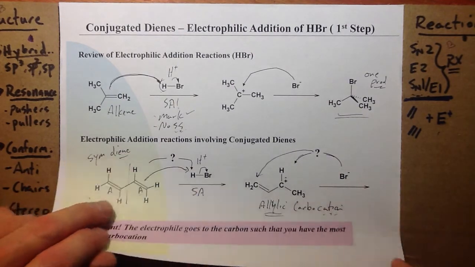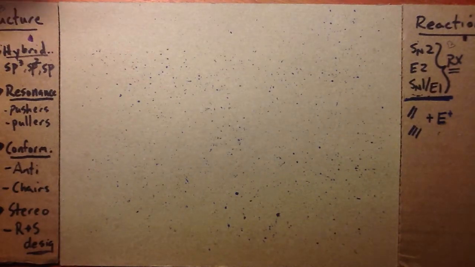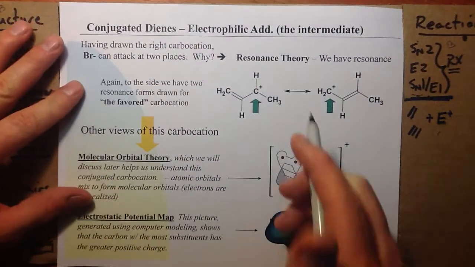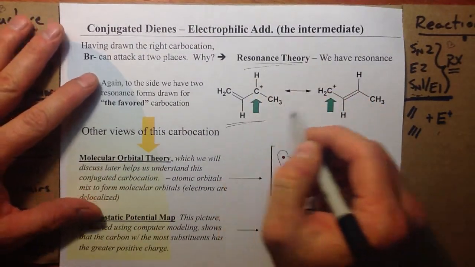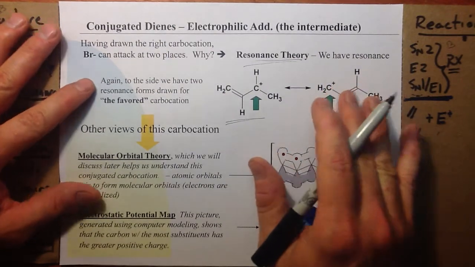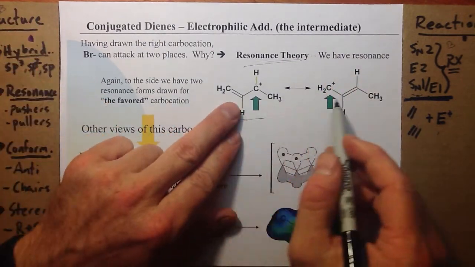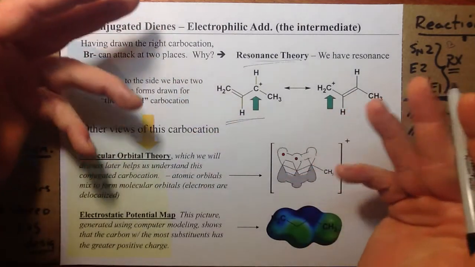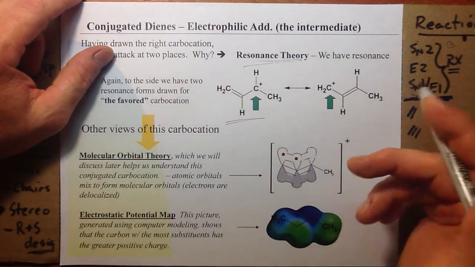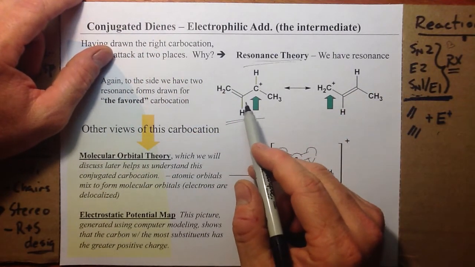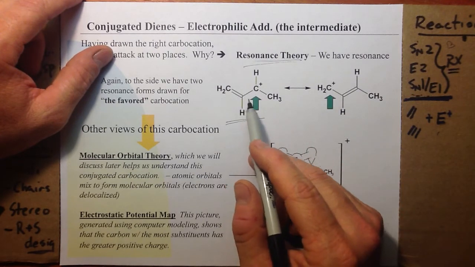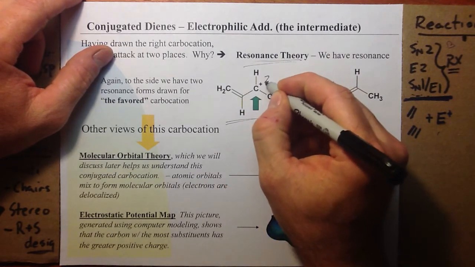Two possible products. All right, let's get to those two possible products, because we have the allylic carbocation. By resonance, we know we have to go to the allylic position. We have two resonance forms with any allylic radical, cation, anion, any allylic cation. We have two positions. This would be a secondary carbon.